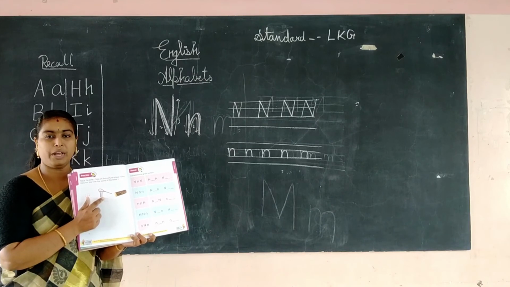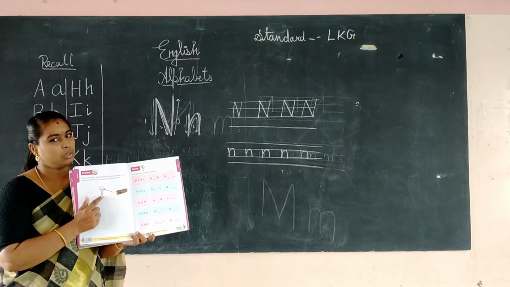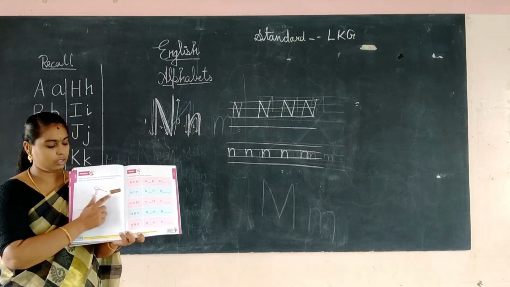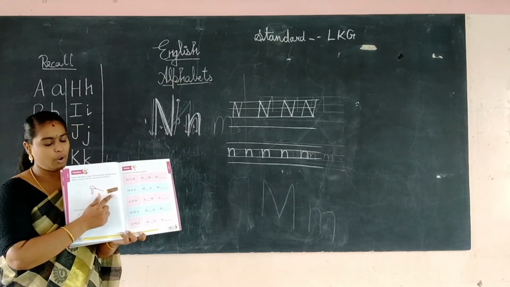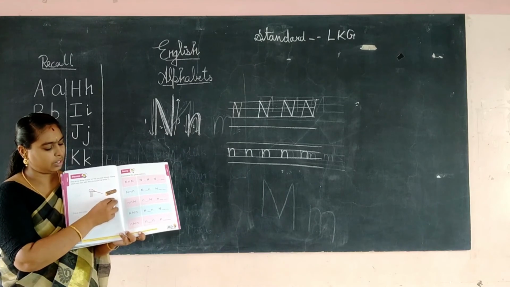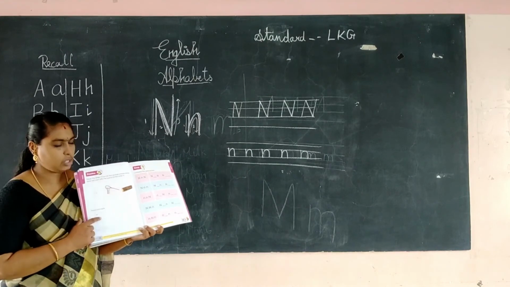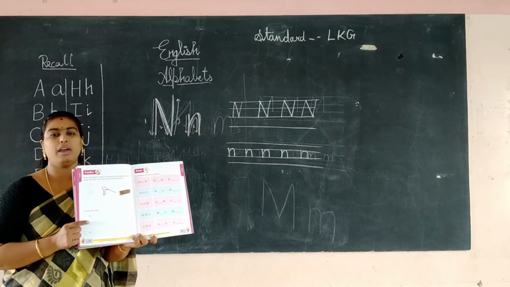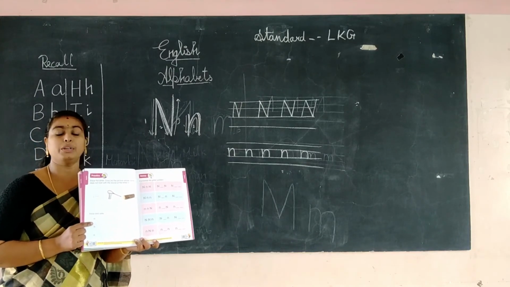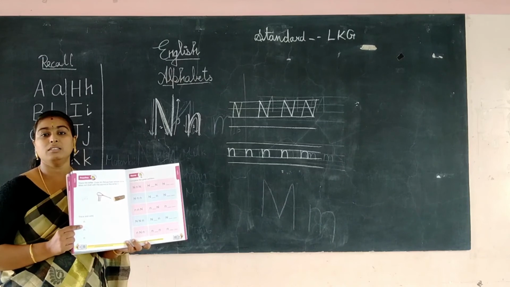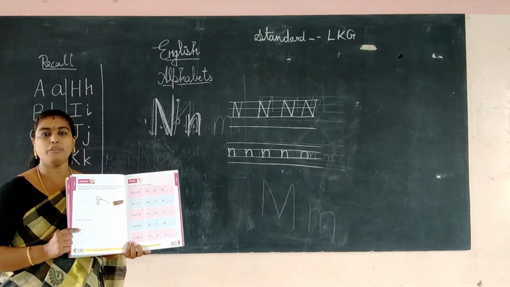So what is the sound of net? So இது வந்து Nல இருந்து ஸ்டார்ட் ஆகுது. What is this? Log. So this is wrong. So you want to cross here, okay. Next you want to write the small n. Write small n. And what is the sound of n?